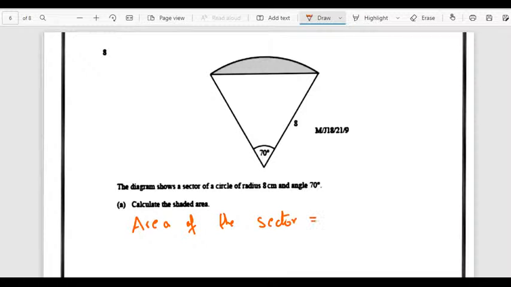What is the formula? The formula is theta divided by 360, because the angle is 70 degrees. Okay, so I will pick up the angle in degrees, multiplied by pi r squared. Now this is the formula. Theta is 70 degrees divided by 360 multiplied by pi r square.